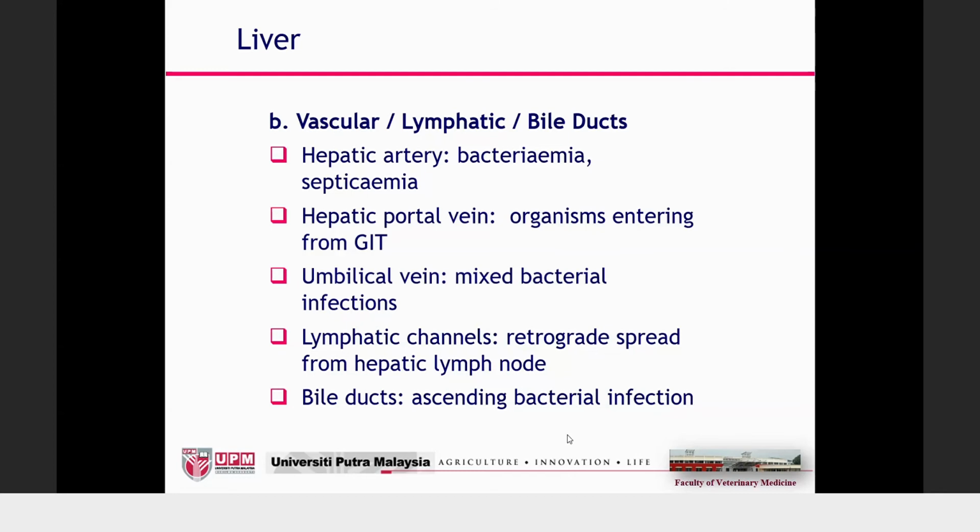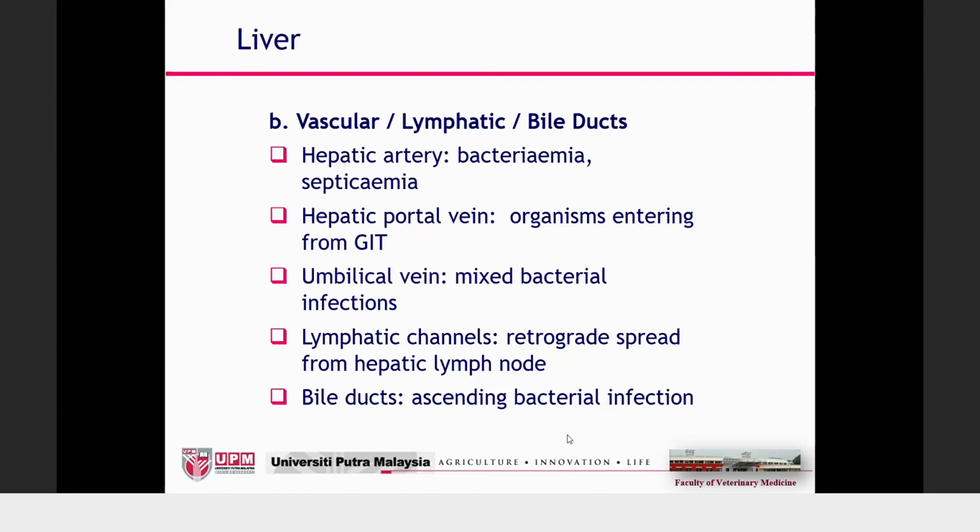So if any pathogenic organism successfully enters past the physical or mechanical barrier of the intestine, it will enter the hepatic portal vein and may cause infection in the liver. In a newborn animal, of course, the presence of the umbilical vein might lead to mixed bacterial infection of the liver. Not forgetting the lymphatic channels, especially as this can lead to retrograde spread from the hepatic lymph node.